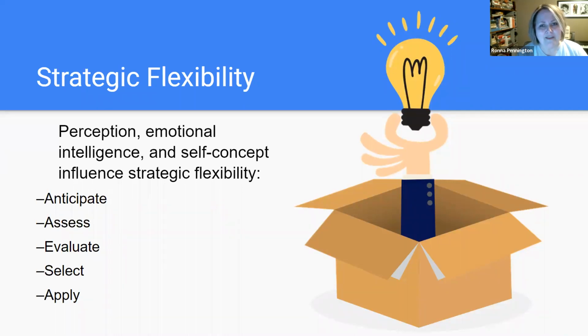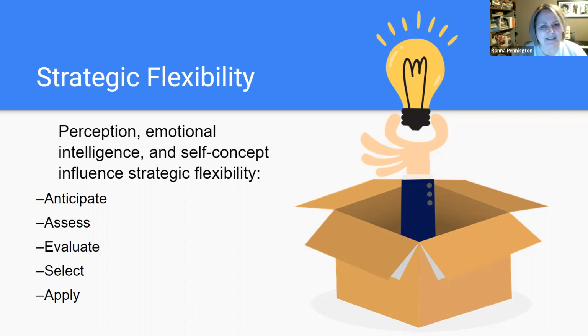So that's a clue that it's pretty important for you to know. Strategic flexibility, once again, is that perception, that emotional intelligence, and self-concept that helps you get your foot out of your mouth, for lack of a more eloquent way to put it.